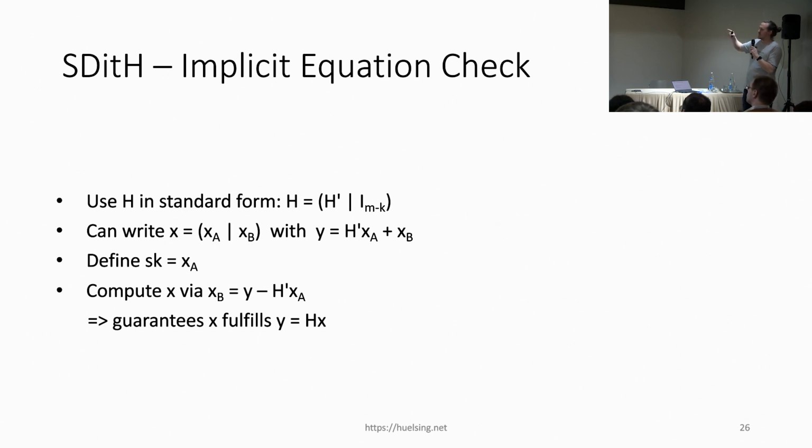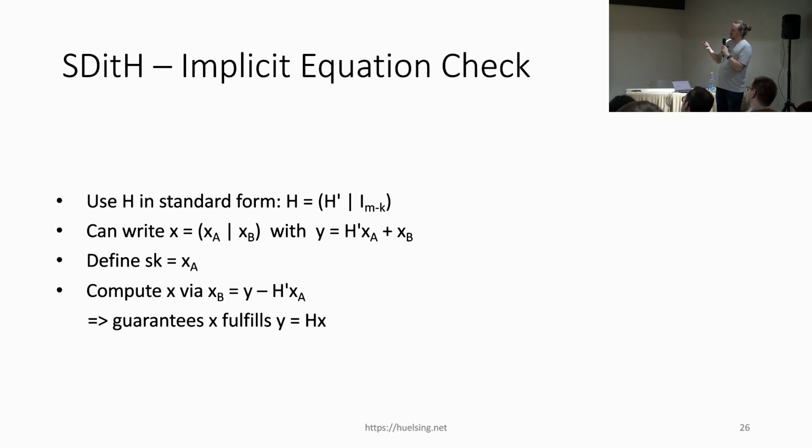First, to verify the linear equation, you can write this matrix H in a standard form, where you have some matrix H prime and then some identity matrix. Then you can split X such that Y is this matrix H prime times XA plus XB.